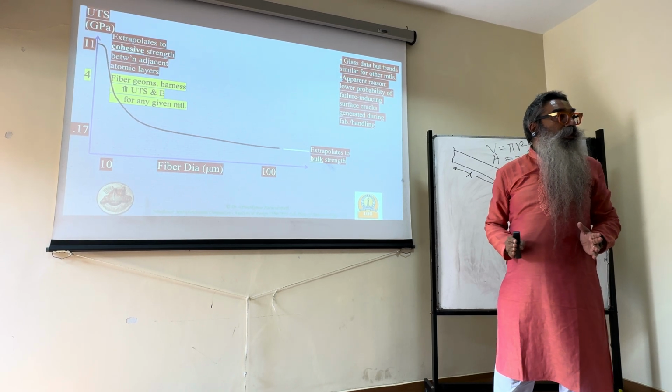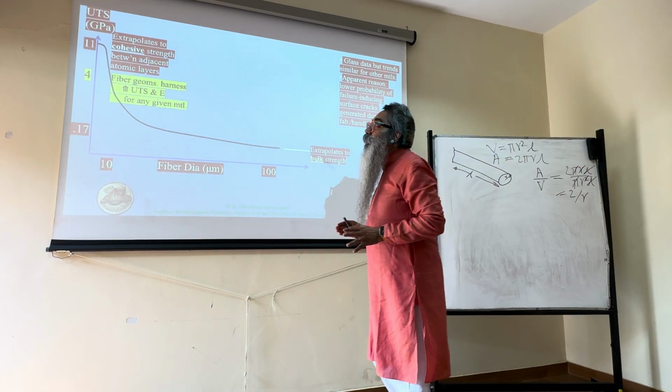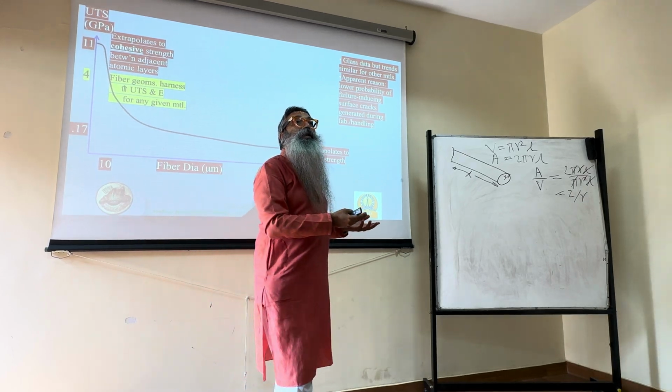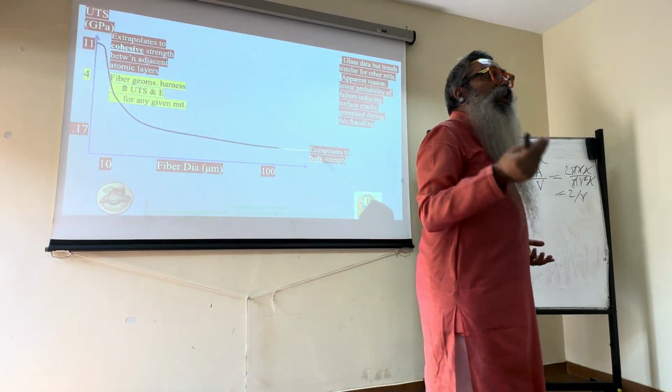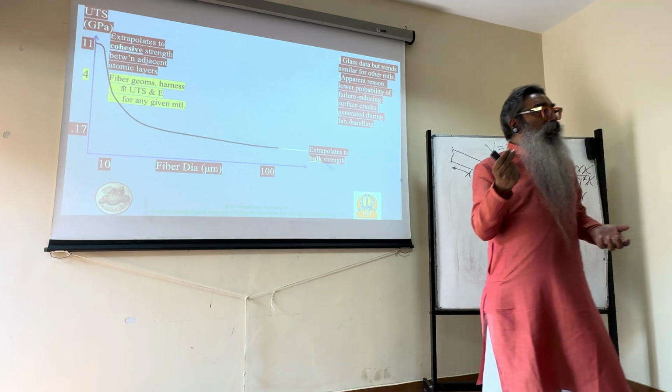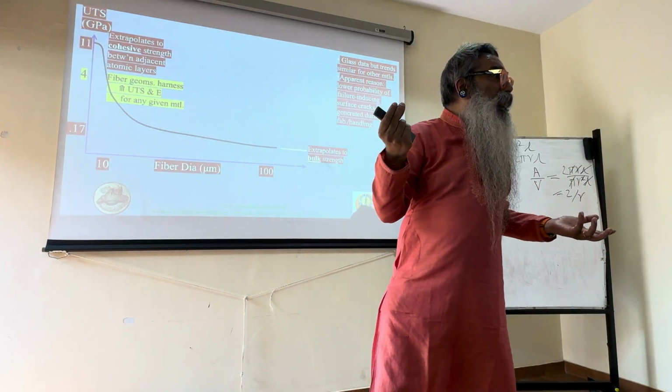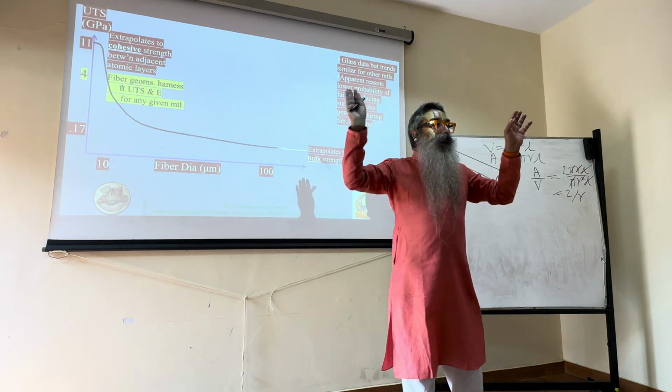So in other words, it is a material property, you're right, but when you're talking of very small dimensions, just like Newtonian mechanics fails at very small length scales, quantum mechanics takes over, and it fails at very large speeds, relativistic mechanics, right? We are not even talking of that.